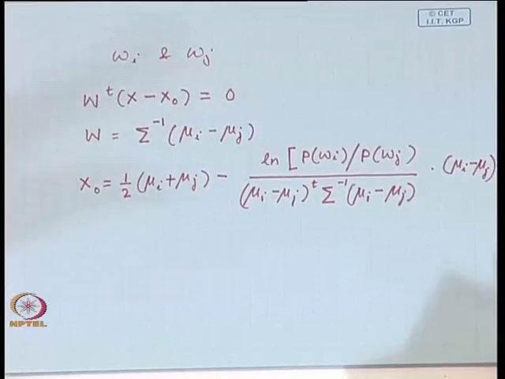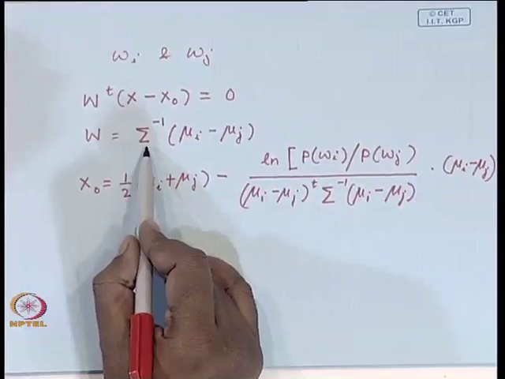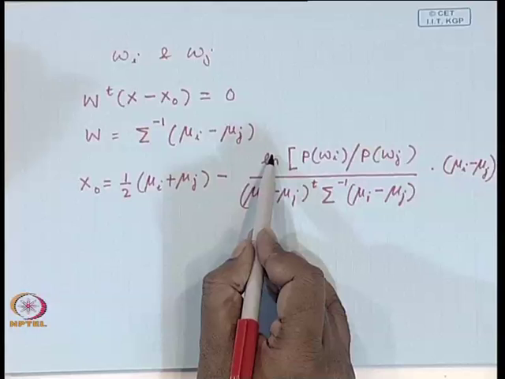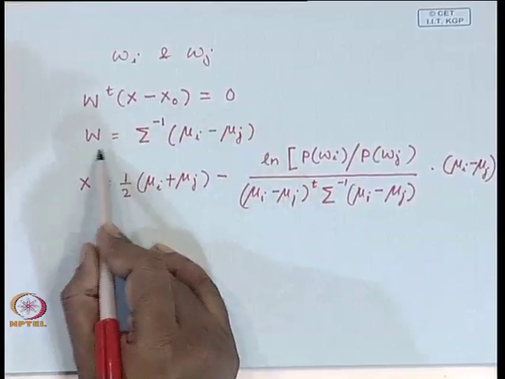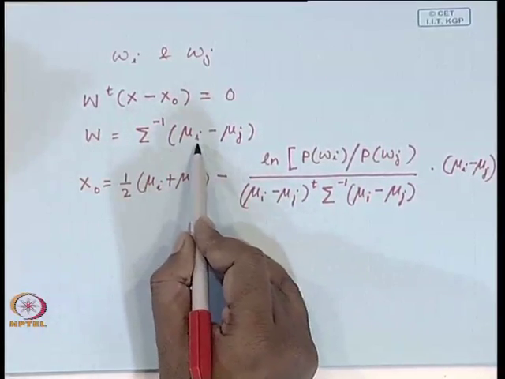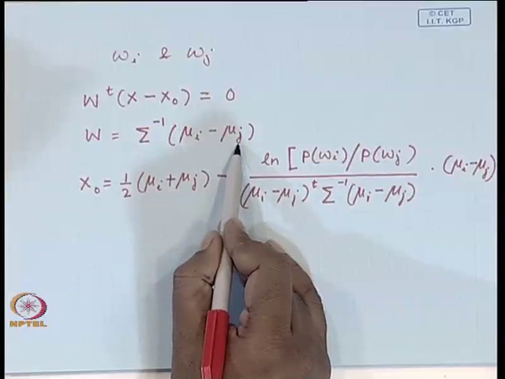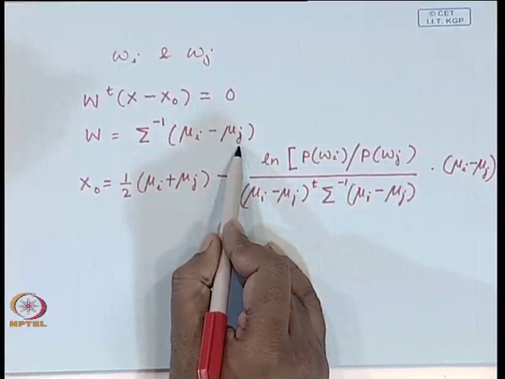So, w had the same direction as the vector mu_i mu_j, but Sigma^-1 (mu_i - mu_j) is not in general in the direction of mu_i and mu_j. As a result, this vector w is not in general in the same direction as the vector mu_i mu_j.